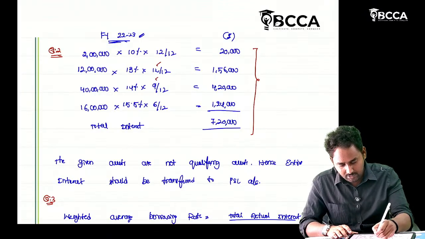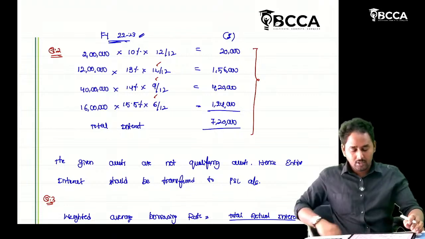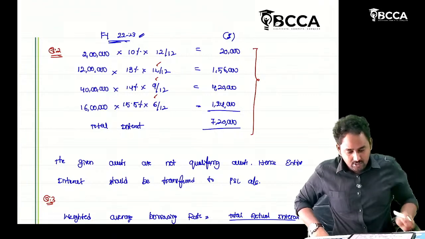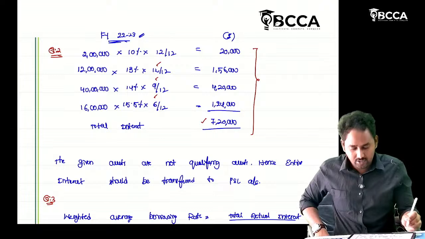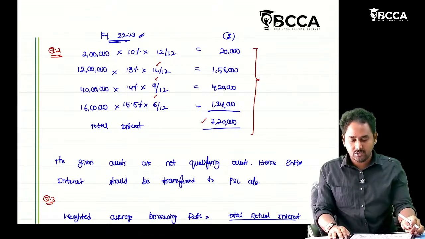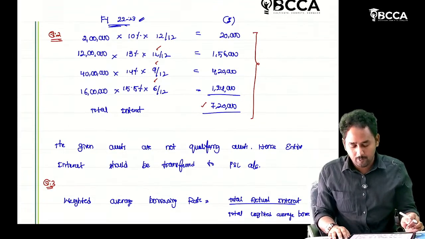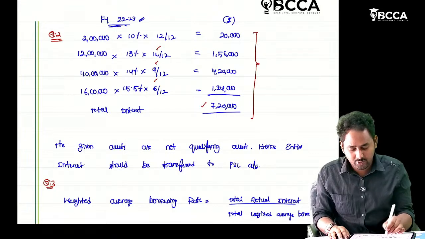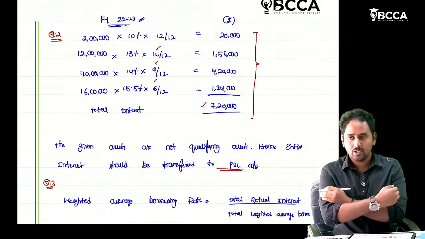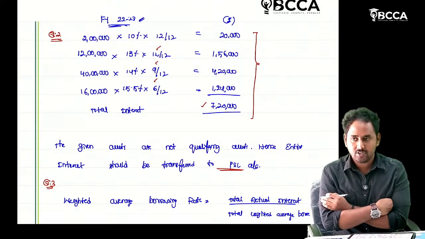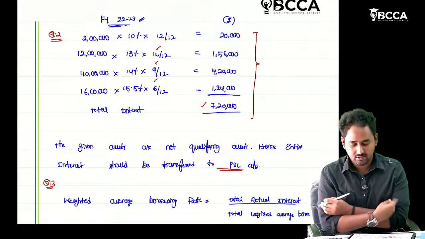So what is the total interest? 7,20,000 is the total interest for the entire loan. This entire 7,20,000 should be transferred to P&L because we haven't incurred any expenditure on a qualifying asset.